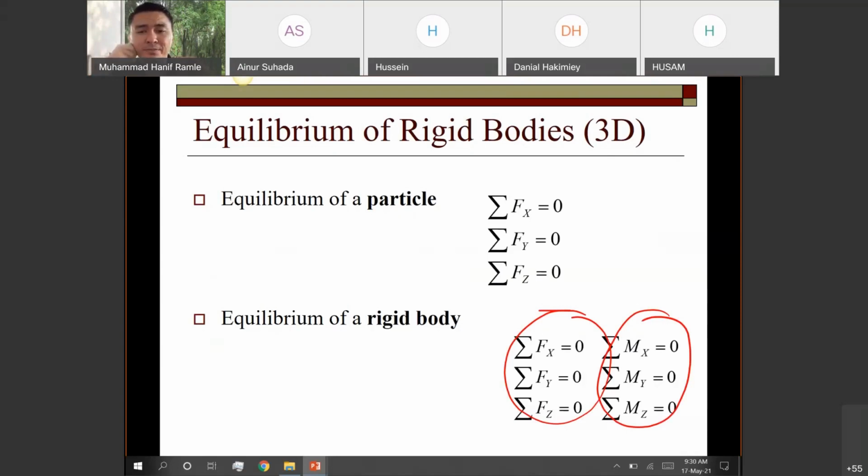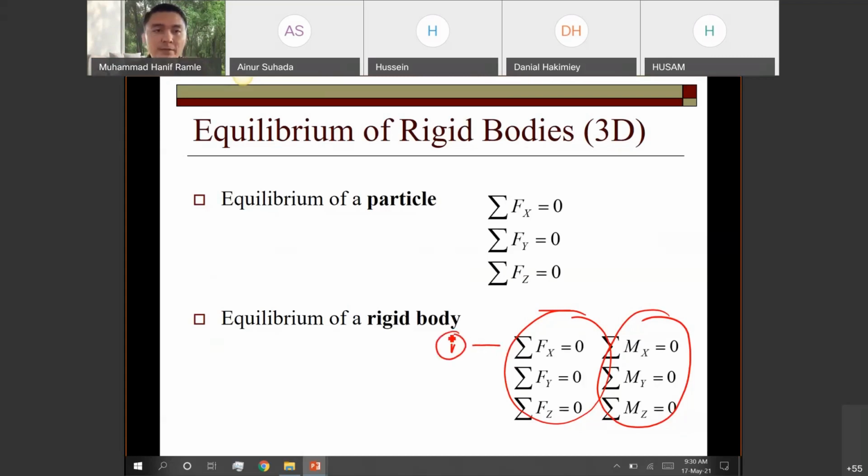So the equation, Hussein, just now you asked about the equation. The equations can be obtained from this equilibrium. For example, the first equation is from Fx equal to 0.